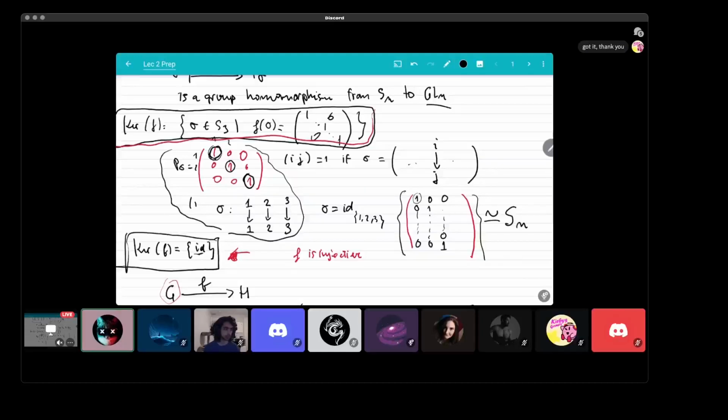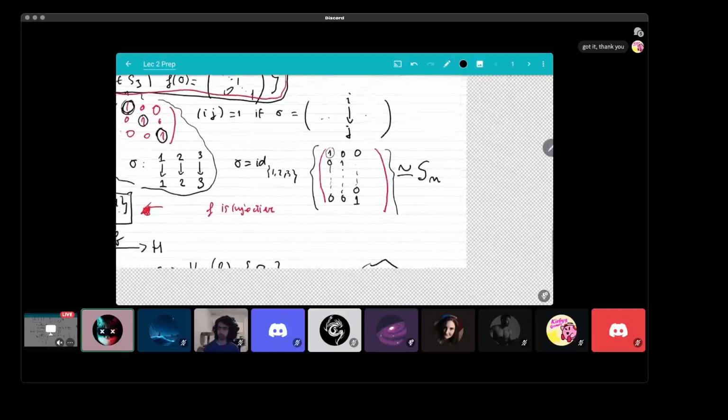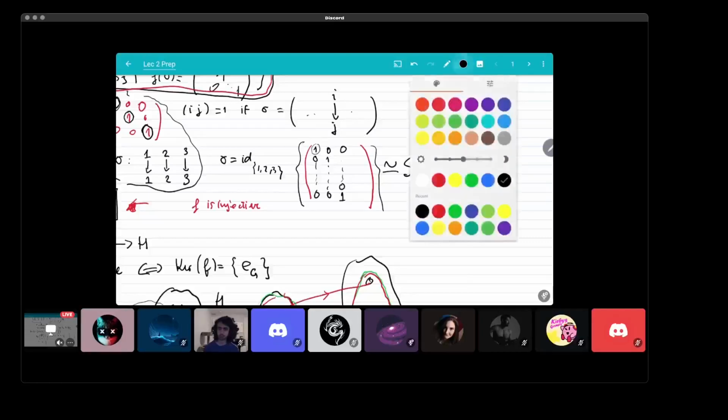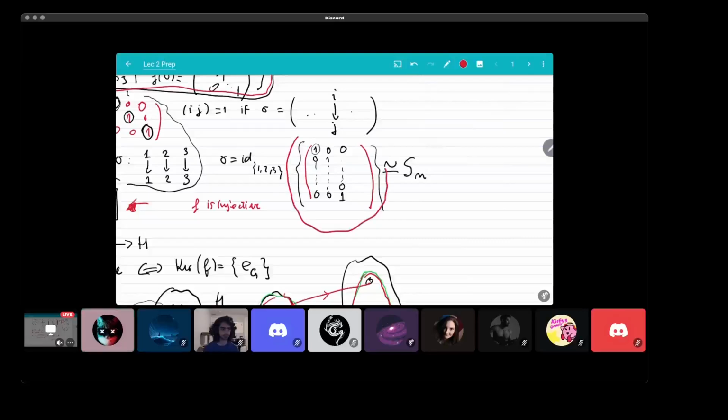And so we can deduce a lot from an isomorphism. For example, the order. It means that the order of this matrix subgroup is equal to the order of Sn.